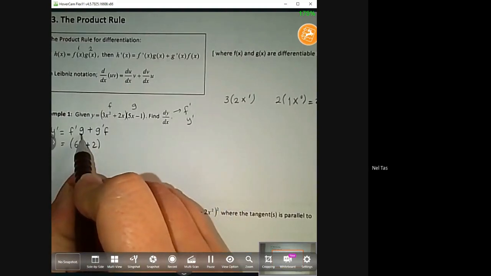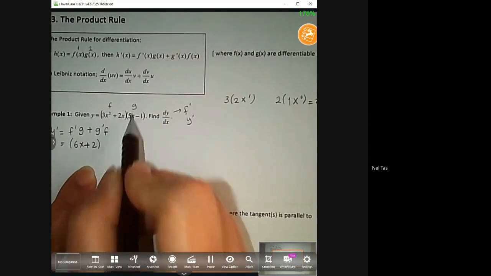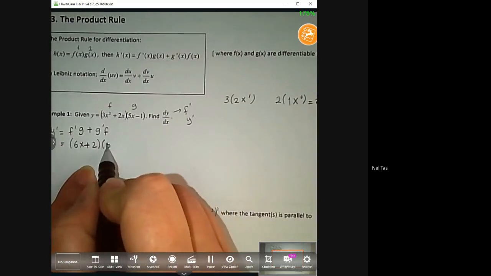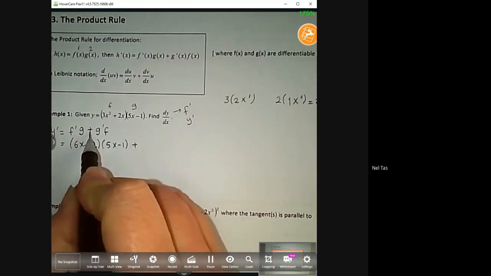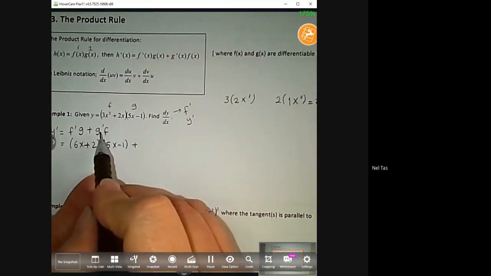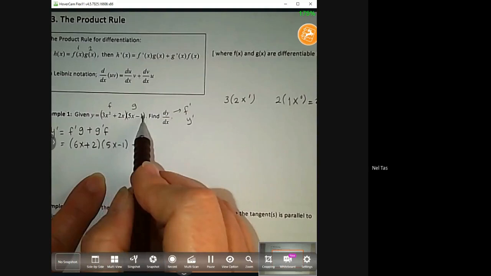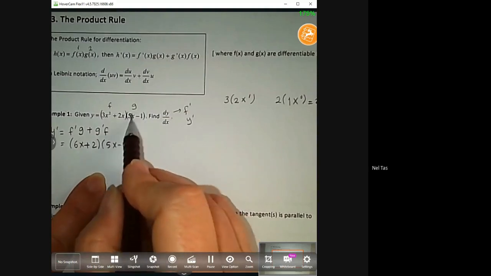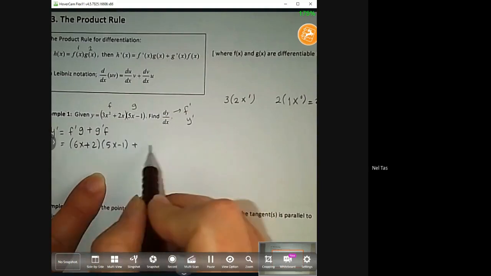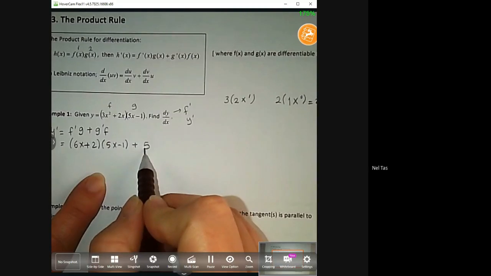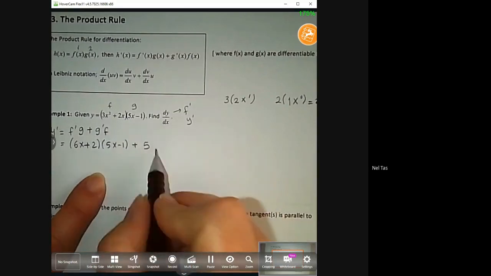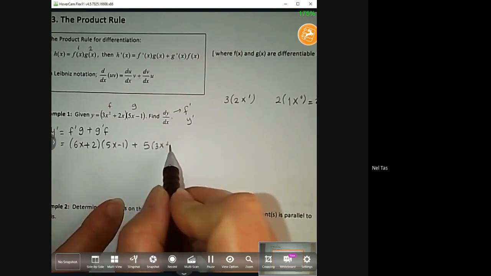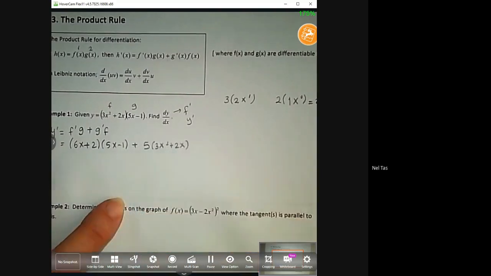Now we're going to multiply this by the g function, which is 5x minus 1, plus g prime. So we take the derivative of 5x minus 1, which, if you do the shortcut, is 5, times the f function, 3x squared plus 2x.